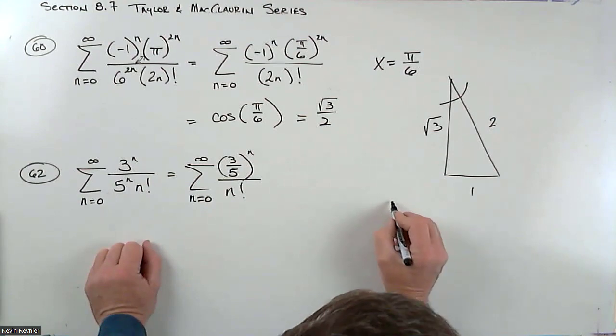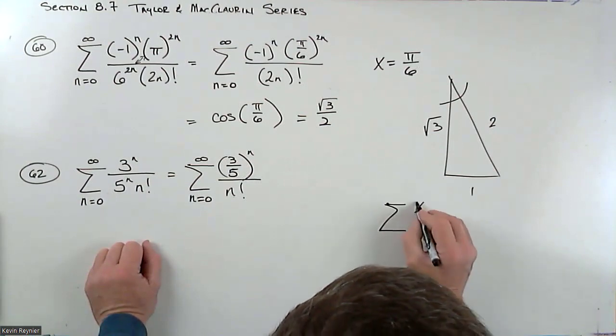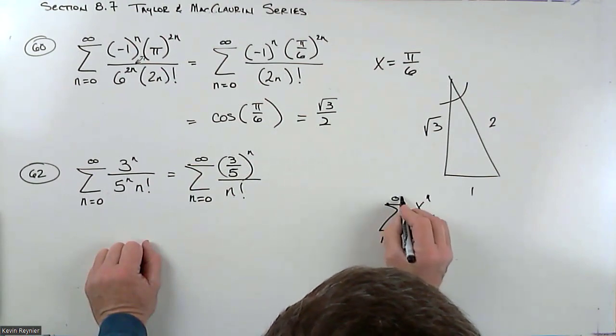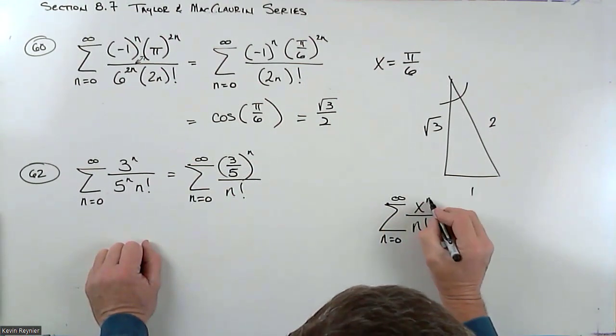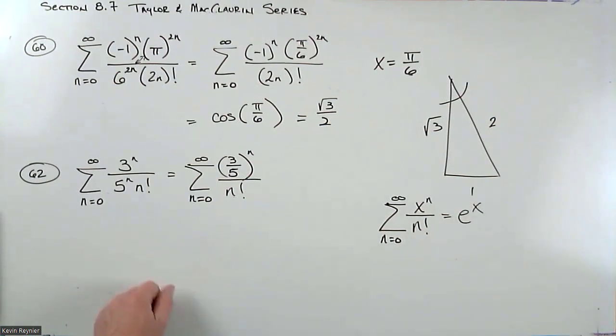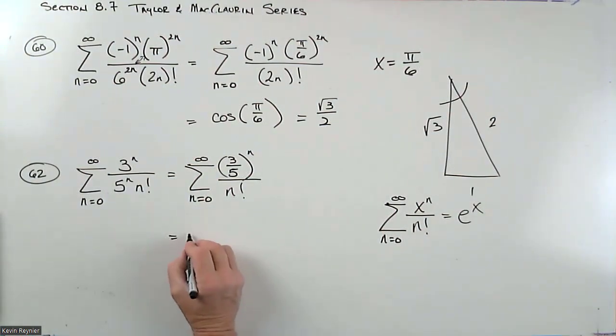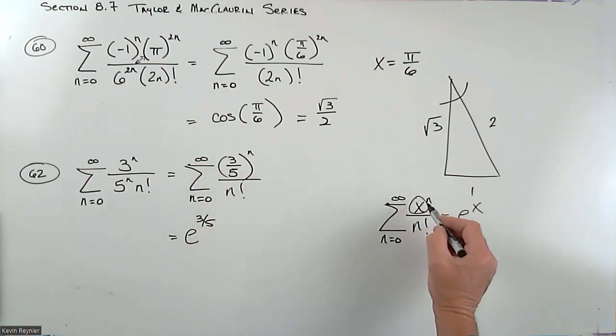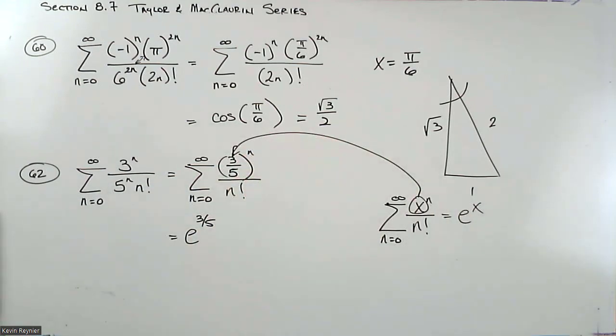Well, you have a series in table 1 that looks like this. X to the n over n factorial, this is e to the x. This is e to the 3/5, because x is 3/5. That's all you're supposed to do.